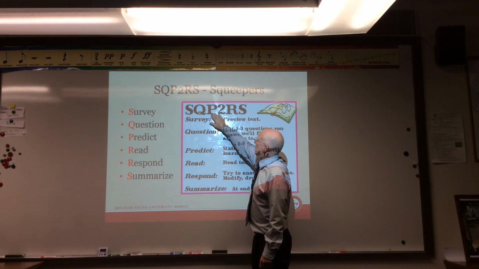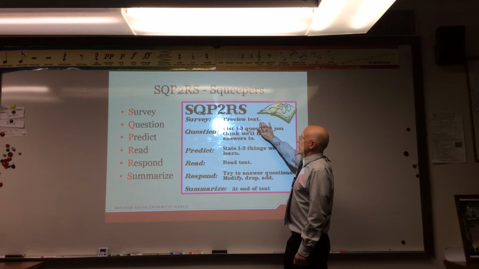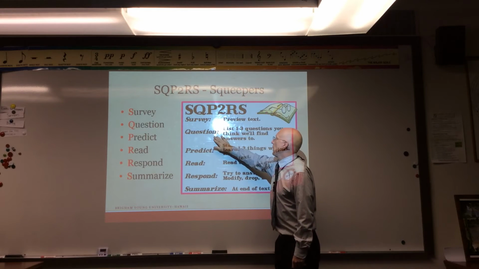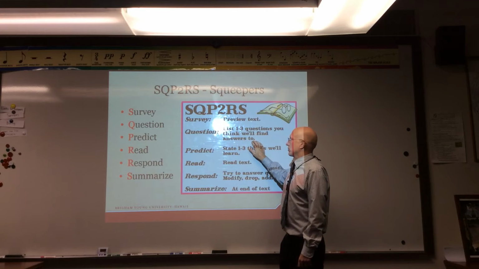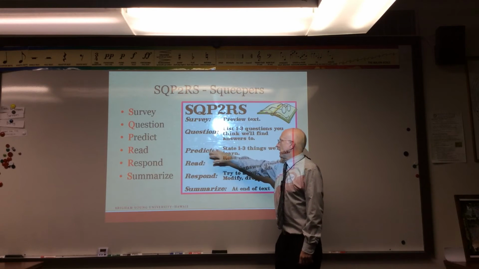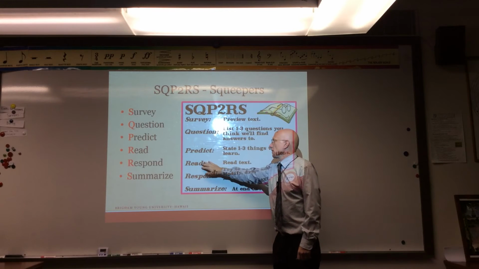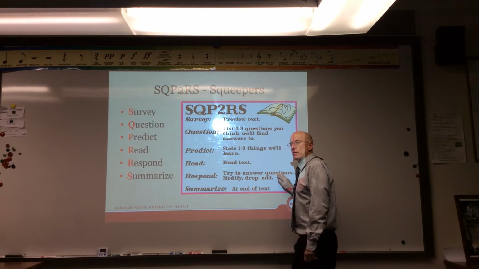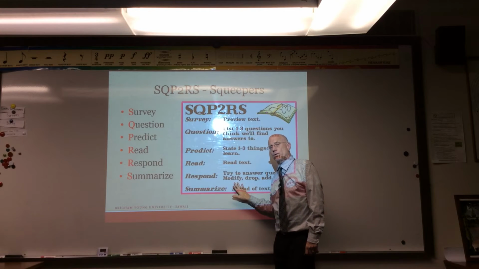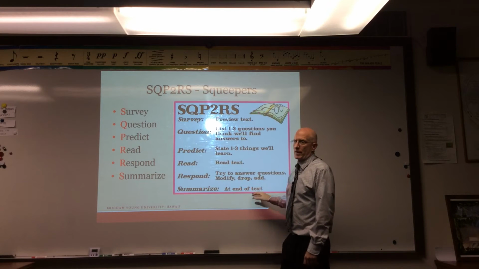Survey, we preview the text. Question, we list one to three questions we think we'll find answers to. Predict, state one to three things we'll learn. Read the text. Respond, try to answer the questions and modify the questions if we need to. Summarize at the end of the text.